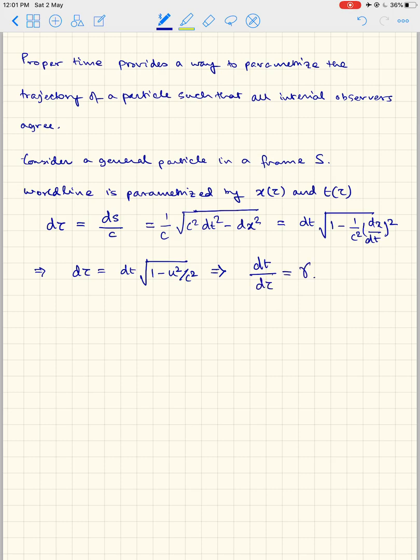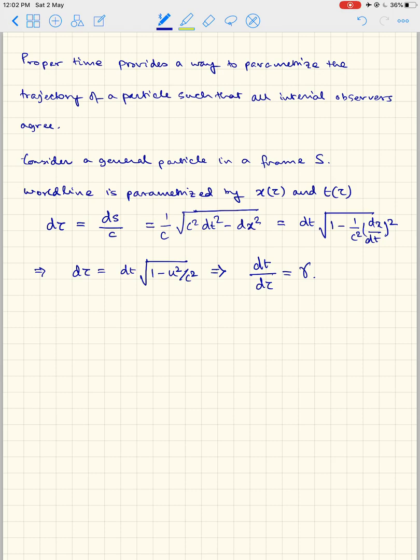So the proper time is related to the time experienced in any arbitrary frame by your usual factor, gamma. So u is the velocity of the frame S with respect to the frame S primed. So dt d tau is gamma.